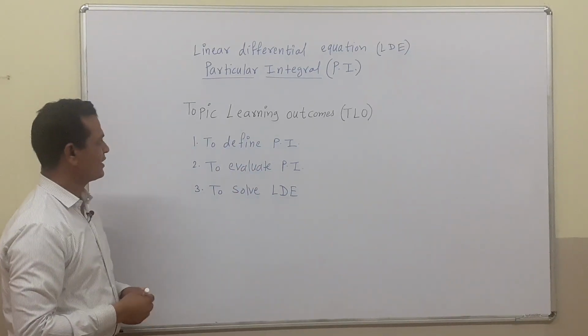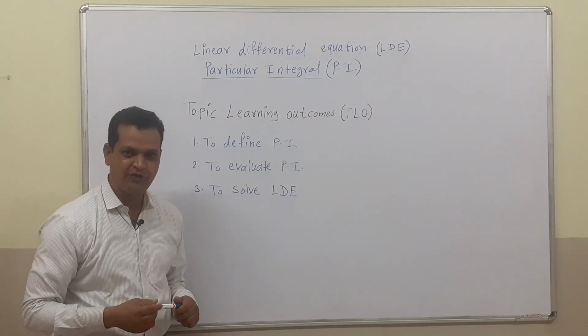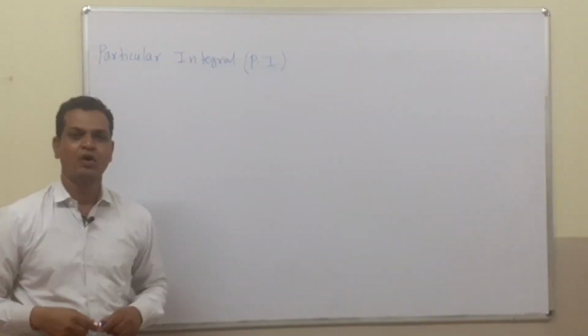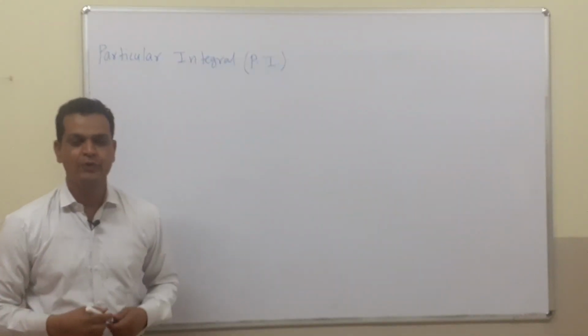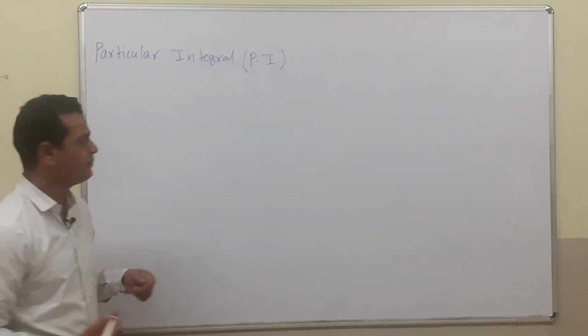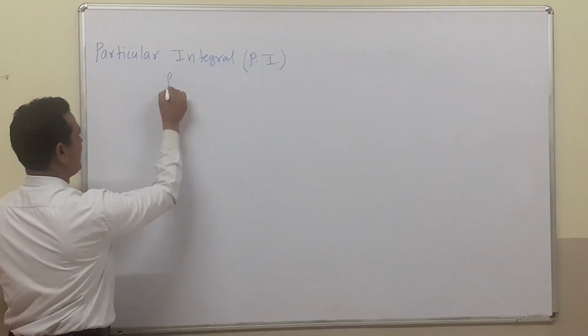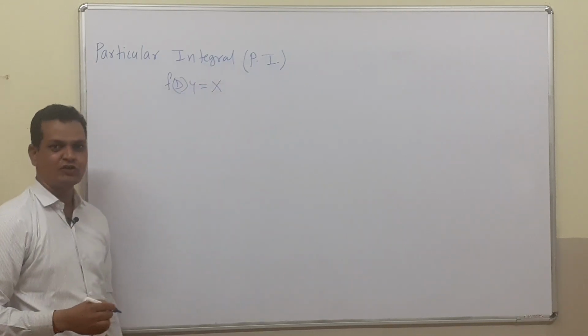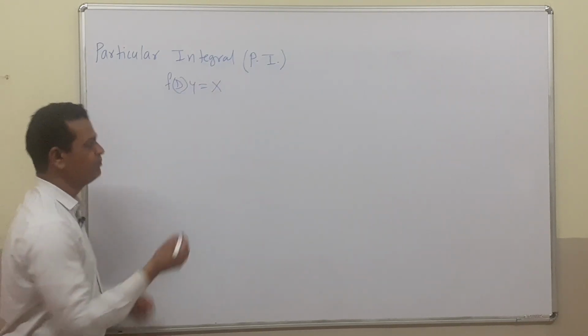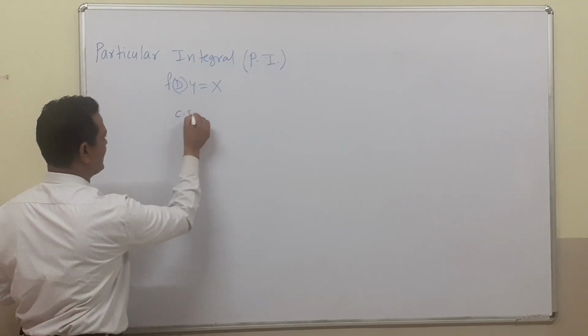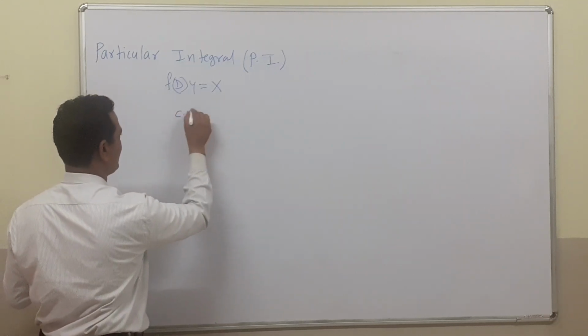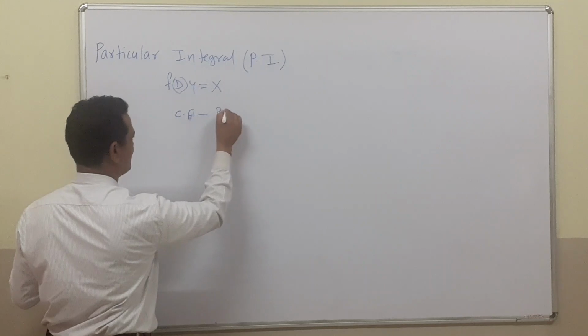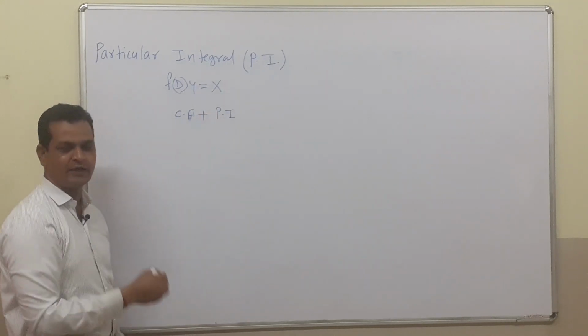Now let me start with the definition of particular integral. We know from our previous video that an equation of the form f of D times y is equal to capital X has two types of solution. The first type of solution is called the complementary function and the second type is called the particular integral.